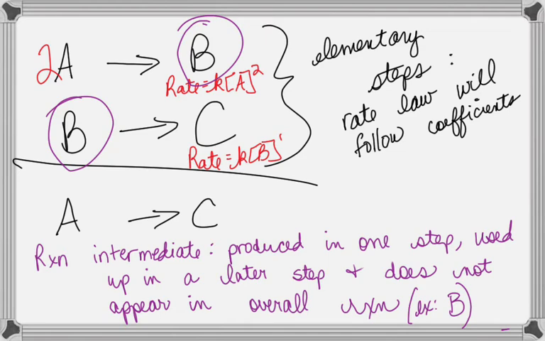Finally, when you have elementary steps, y'all, they can go at different speeds. Some can be fast steps, some can be slow steps. The slow step, I don't have room on the slide, so I'll just write it, because I'm afraid if I don't write it, y'all won't catch the importance of it. The slow step is often called the rate determining step.